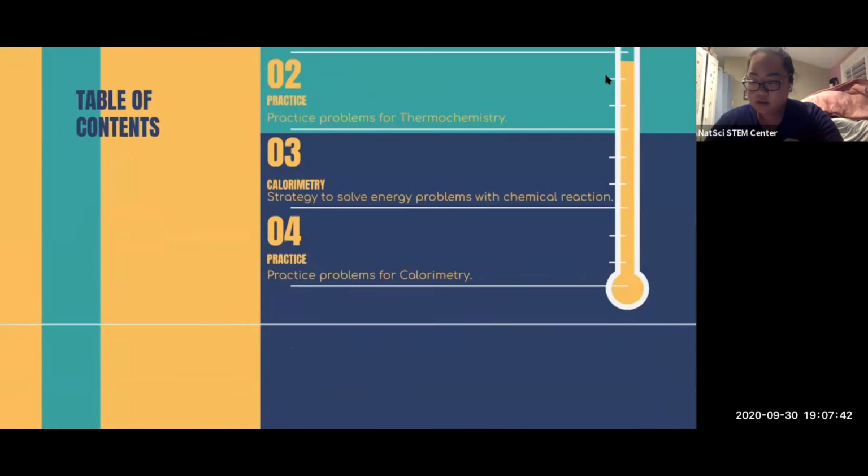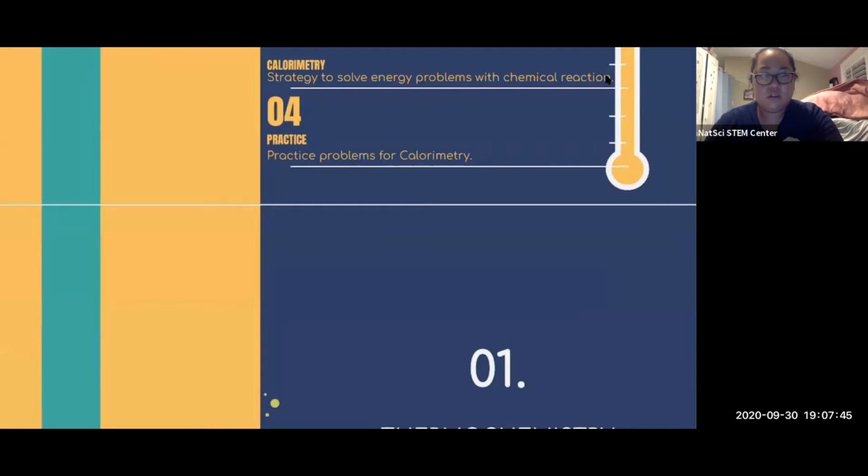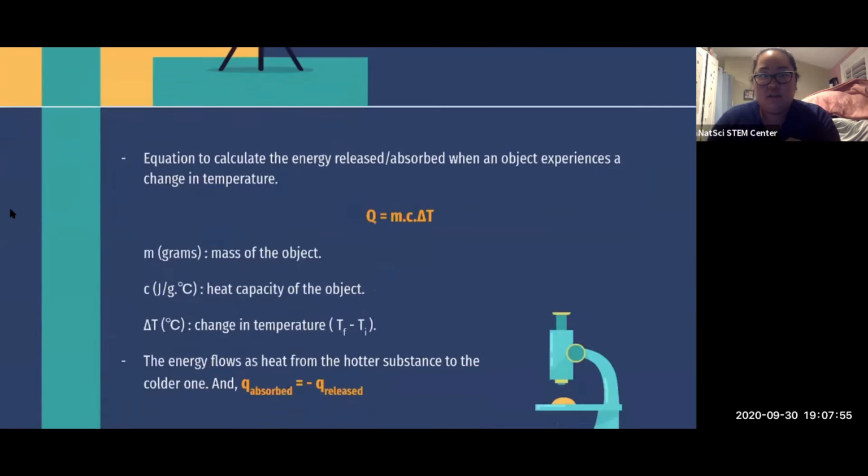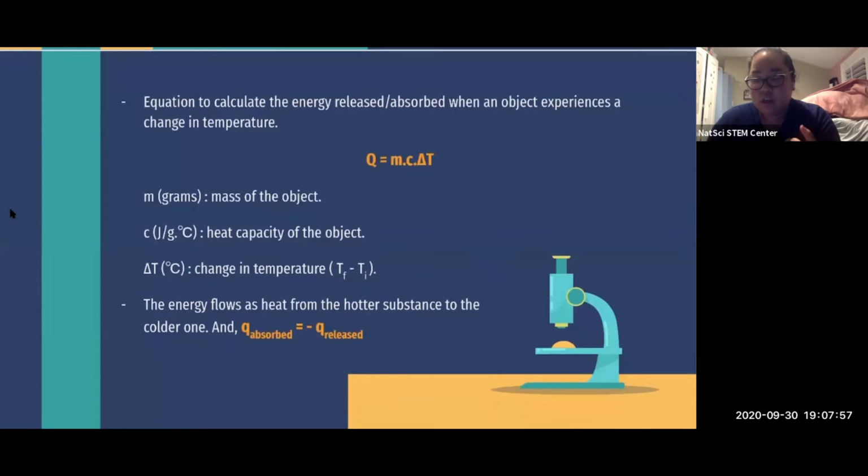So let's go to the first part, and it is your thermochemistry equation. This equation, Q equals mc delta T, is calculating the energy that is released or absorbed when an object experiences a change in temperature, which is the delta T. M is your mass in grams, unless stated otherwise.